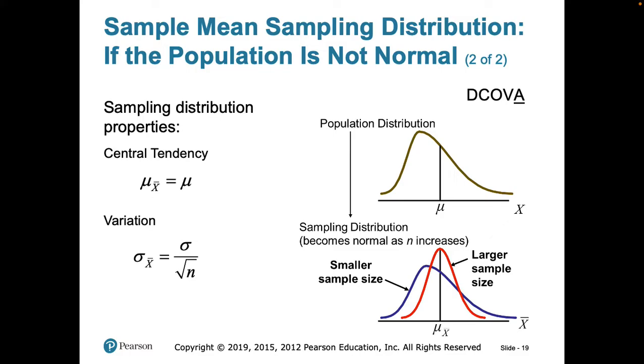So here we have the sampling distribution. You have the central tendency, where the mean of the sample means is going to equal the mean of the population. And then you have your variation, where the standard deviation of the sample means is going to equal the standard deviation divided by the square root of the sample size.